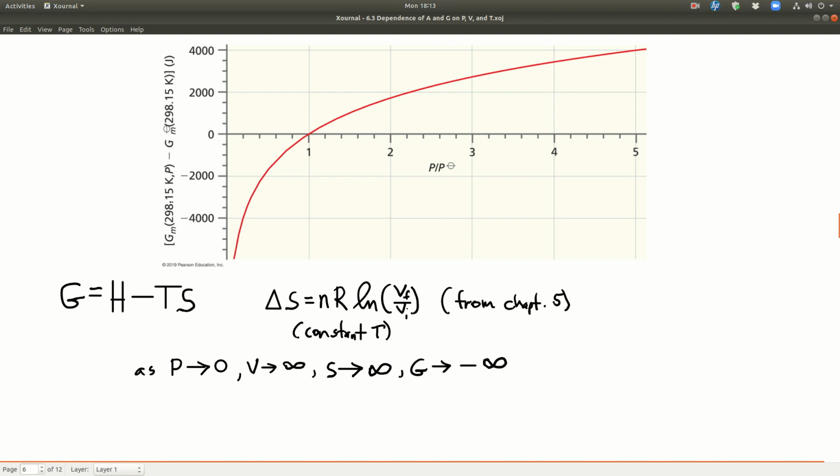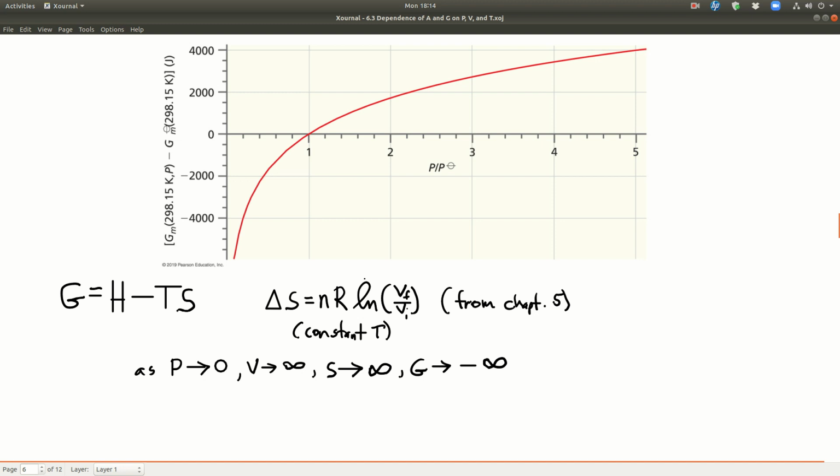This is the molar Gibbs energy at some pressure, minus the Gibbs energy at 1 bar and 298.15 Kelvin, the standard molar Gibbs energy. As the pressure goes to 0, the Gibbs energy asymptotically approaches negative infinity. We can see this because we know that when pressure goes to 0, the volume of a gas is going to go to infinity.